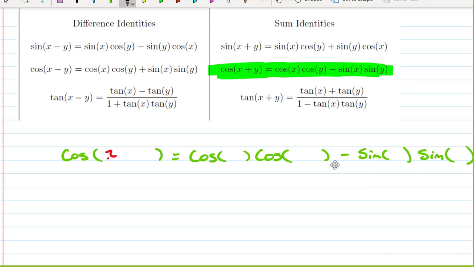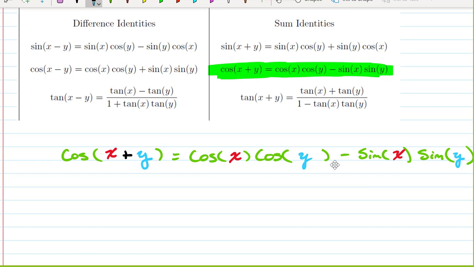So that's the cosine of x plus y is equal to cosine x cosine y minus sine x sine y.